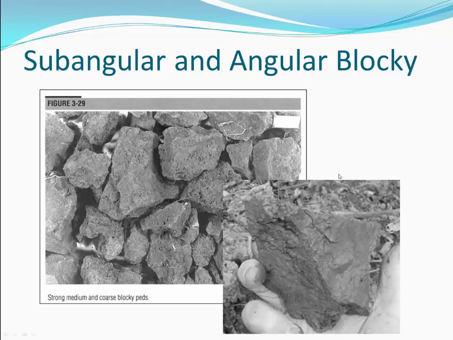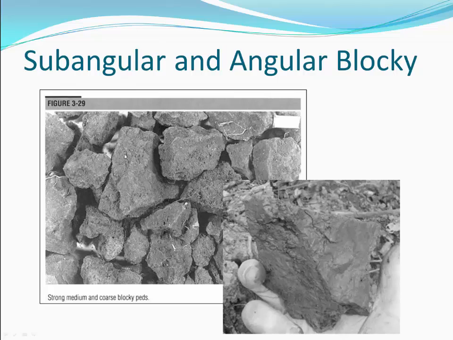Well, here we have subangular blocky and angular blocky. And the subangular blocks, as you can see on the left-hand picture, have rounded corners. Some of the corners are rounded. They have multiple shapes and multiple sizes, and also, I guess, multiple surfaces.